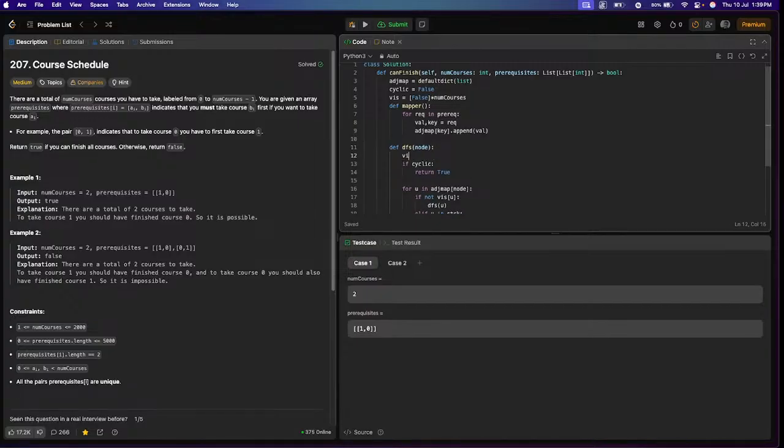Now, one thing you have to keep in mind is visited of node is equal to true, and stack dot push, for instance, node. So in Python, stack dot append.